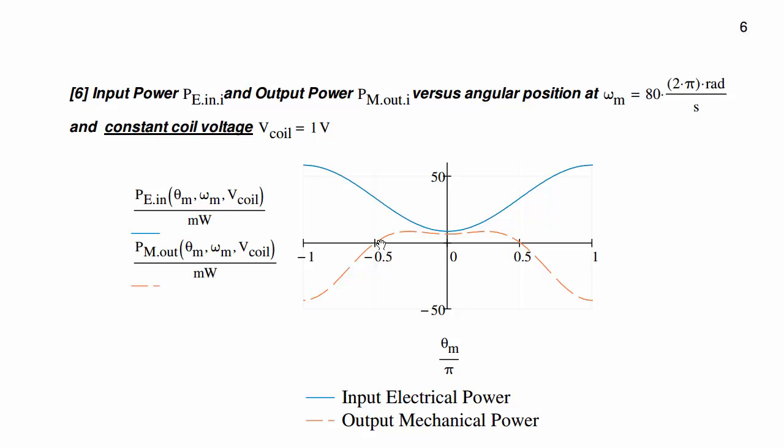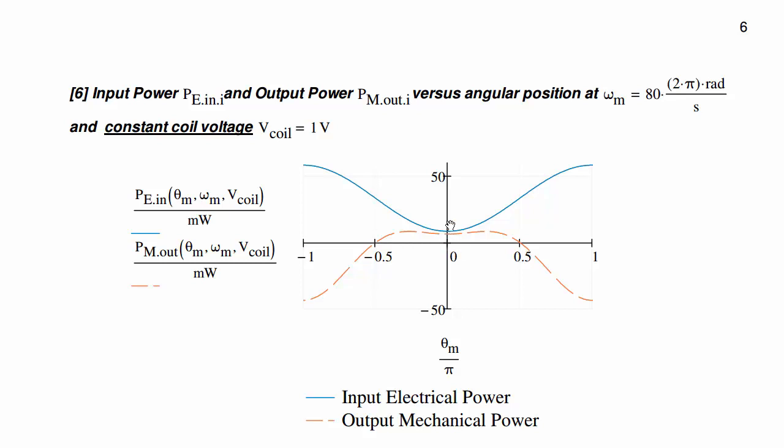If we move a little bit to the right, maybe we have 1 or 2 milliwatts of mechanical output power, but we're having to contribute maybe 30 milliwatts in. So in these skirts, if you will, near plus and minus 90 degrees, the motor is very inefficient. Whereas right here in the middle, where the input power goes close to the output power, our efficiency is much higher.